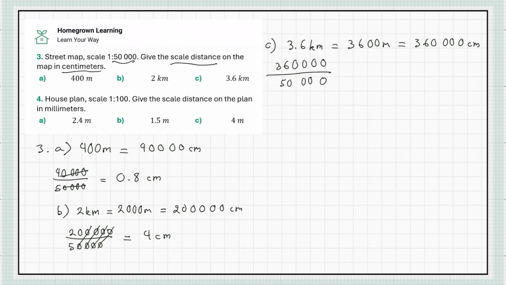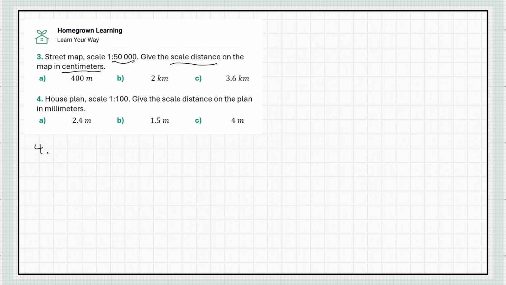Now that we've done that, we're just going to cancel out, and we're left with 36 over 5. An easy way to do that is to convert this to an equivalent fraction, so it'll be 72 over 10, which is equal to 7.2 centimeters.